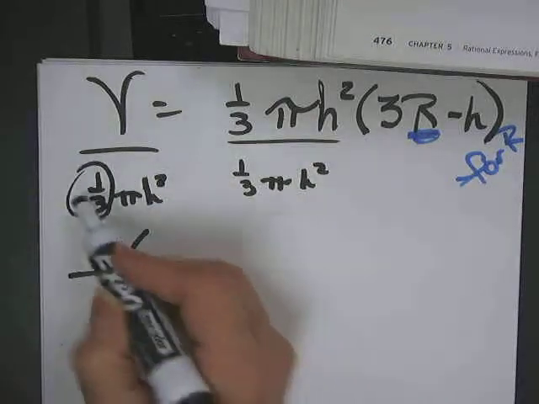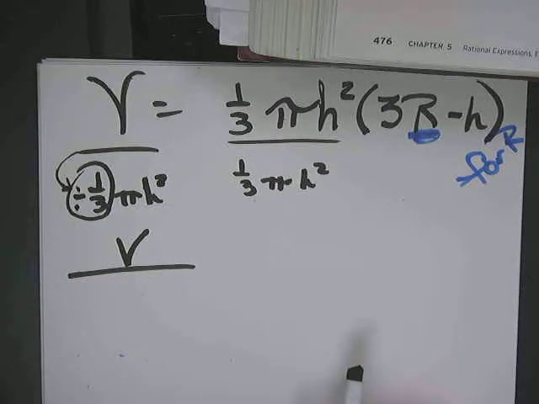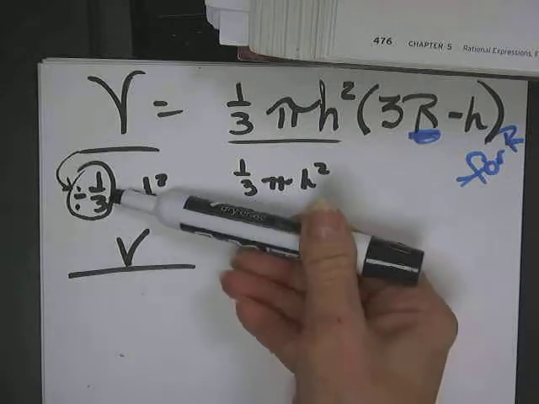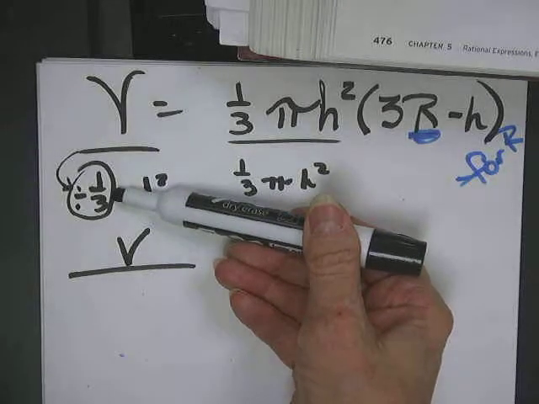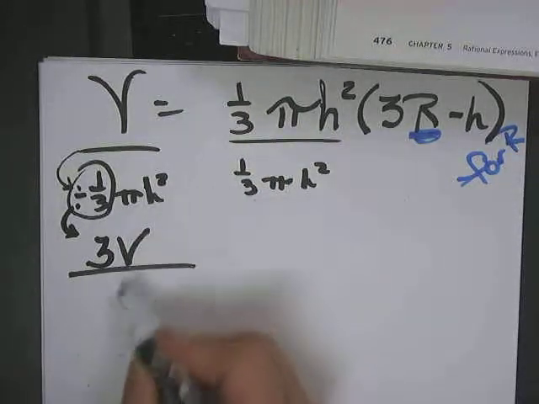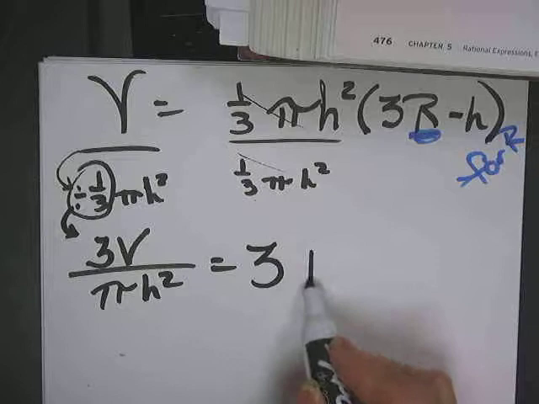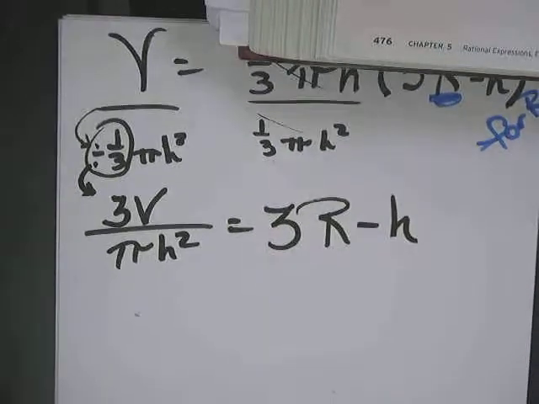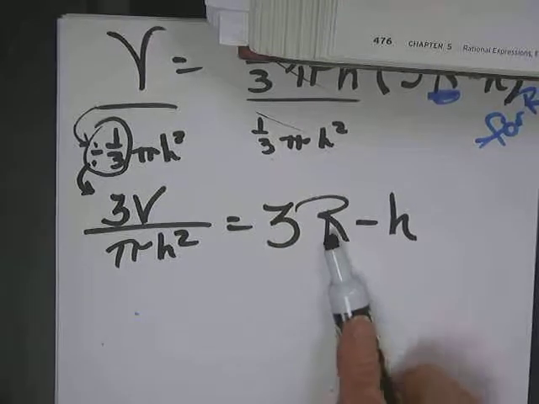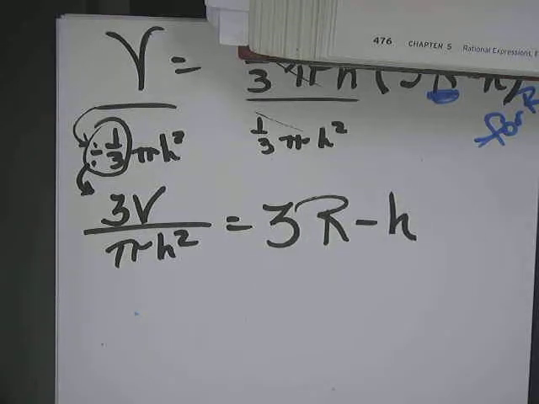So you've got divided by 1/3 pi h squared, so volume over that. Dividing by 1/3 is the same as times the reciprocal, the same as multiplying by 3. So let's put a 3 on top. We'll leave these on the bottom. Gone, gone. All we have left is this.